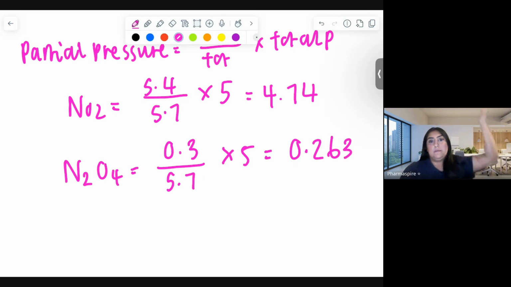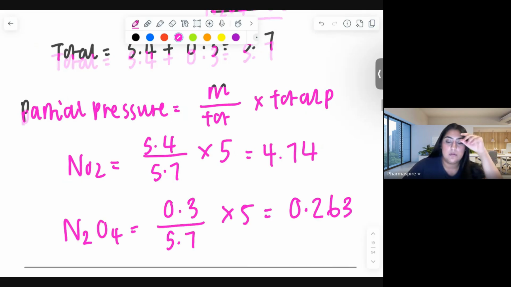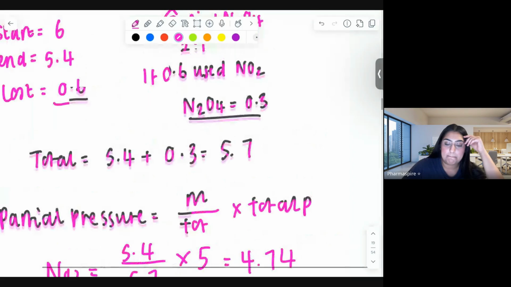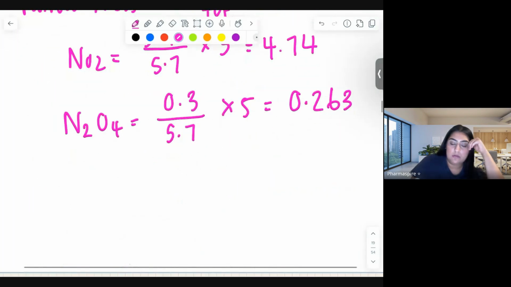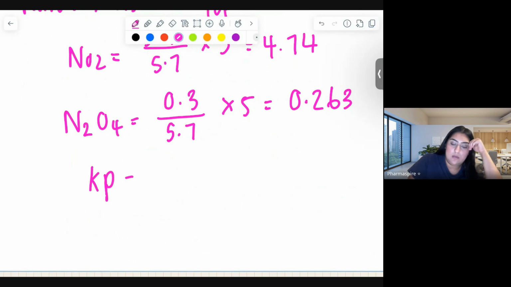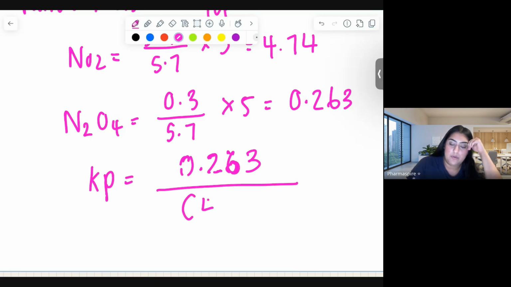Then we need to work out Kp. Don't you have to calculate mole fraction? We've basically already worked it out, because the mole fraction is essentially the equilibrium moles over the total that we worked out here. So for Kp, we can do 0.263 over 4.74 squared.